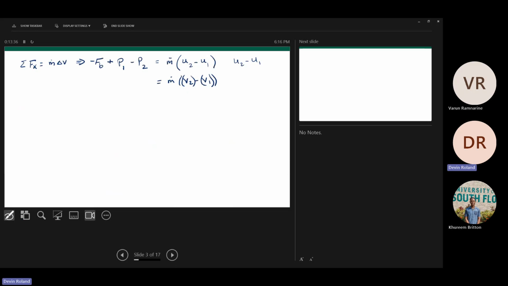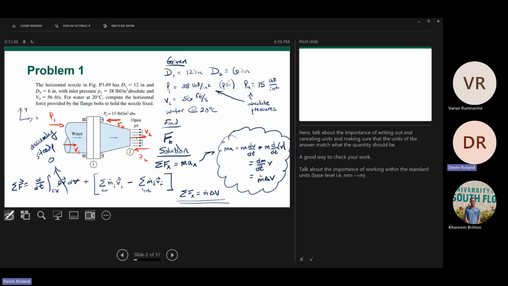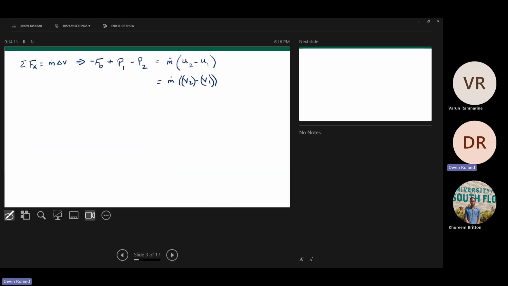A good thing to pay attention to here is that P2 is atmospheric pressure. The easiest way to work these problems is, instead of using absolute pressures, to use all gauge pressures, because then you don't have to account for atmospheric pressure playing a role. Since P2 is atmospheric, since it's exiting the nozzle, this will go to 0.